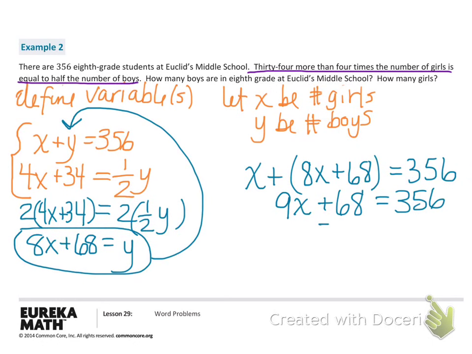Now you could have done this different ways, right? This is just my choice of way. 9x is equal to whatever that is. Let me figure it out. 288.